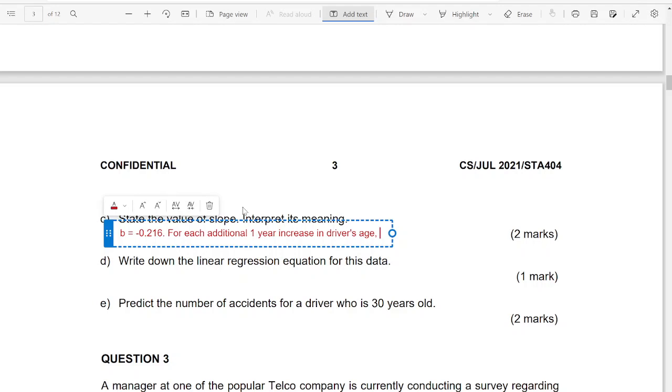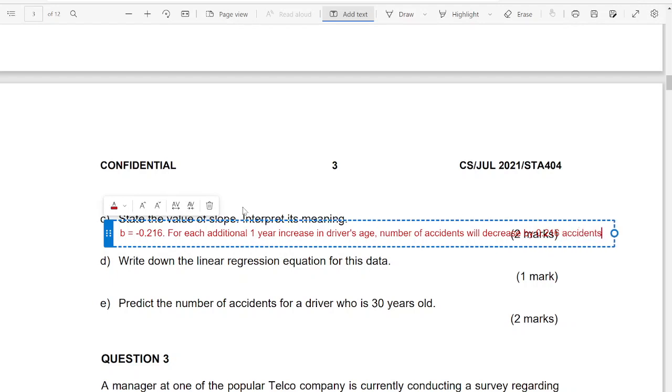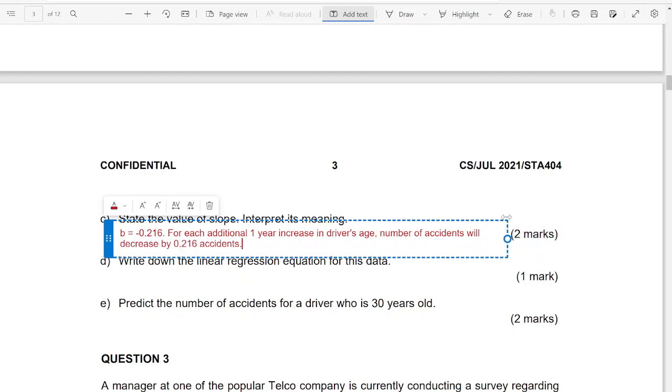Y is the number of accidents. So the number of accidents will decrease. Why decrease? Because the value of B is negative. The number of accidents will decrease by how many units? By B units, by 0.216 accidents. So that is how you interpret.